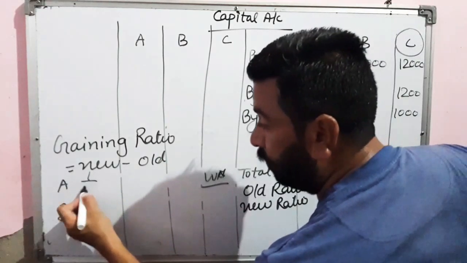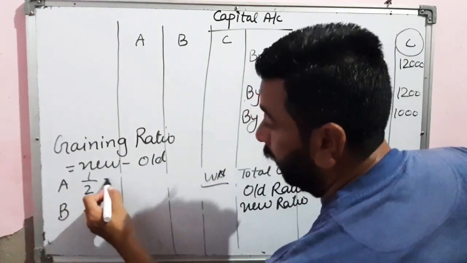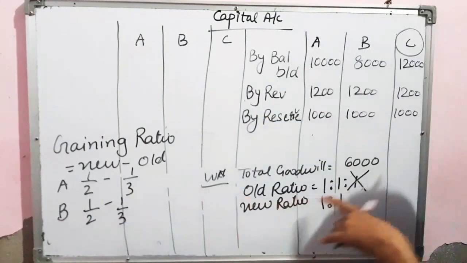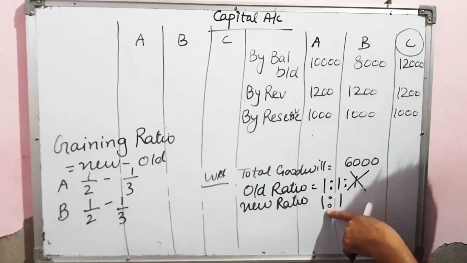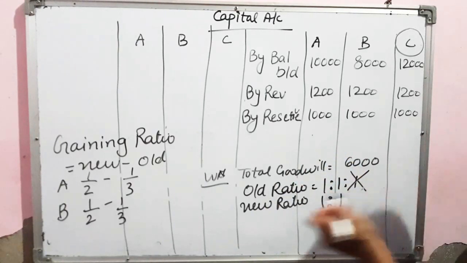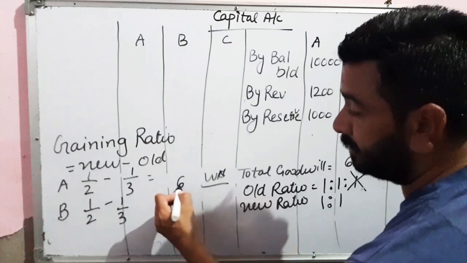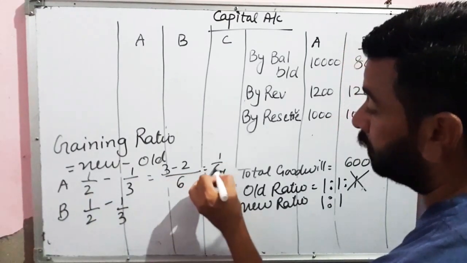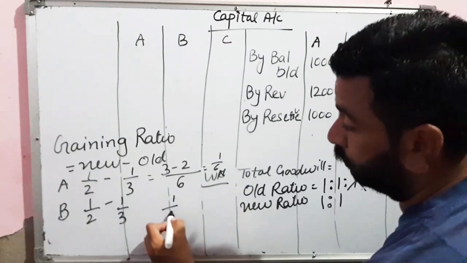New 1/2 minus 1/3, because the new ratio is 1/2 and the old ratio is 1/3. So the LCM is 6, 3 minus 2, 1/6, and here also 1/6.